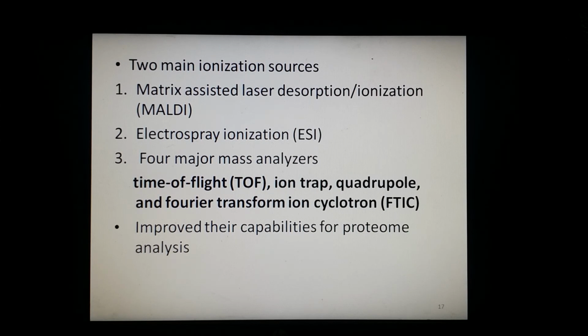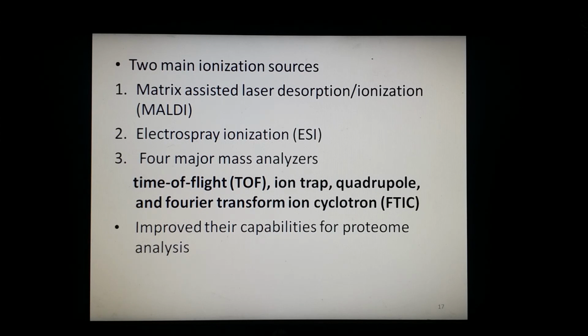In MALDI, the sample of interest is crystallized with the matrix on a metal surface, and the laser ion source causes excitation of the matrix along with the analyte ions, and these analyte ions are then released into the gas phase.